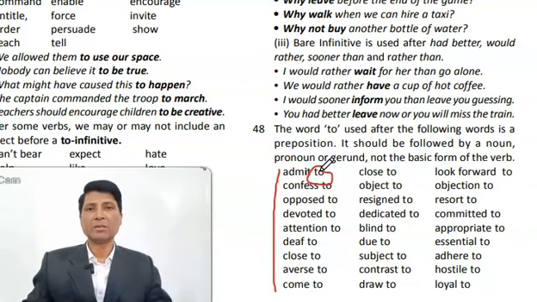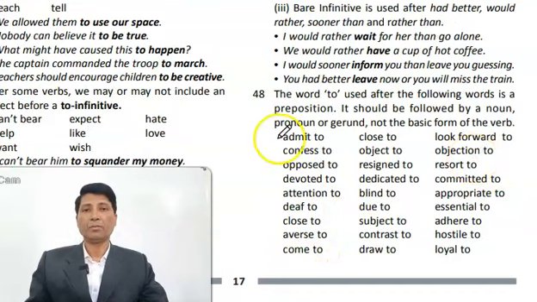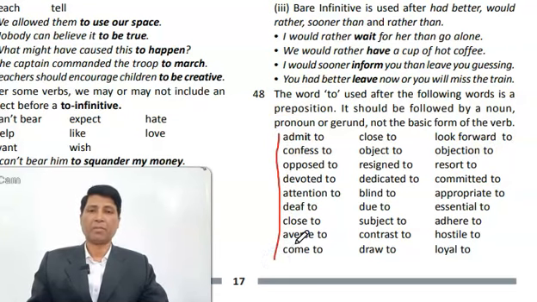So let us see surefire shortcut trick number 5 that is given at the end of this chapter. Now look closely at this list of phrases. Observe it very carefully. In each of these cases where you can see the word "to" has been used, for example, admit to, or look forward to, or objection to.